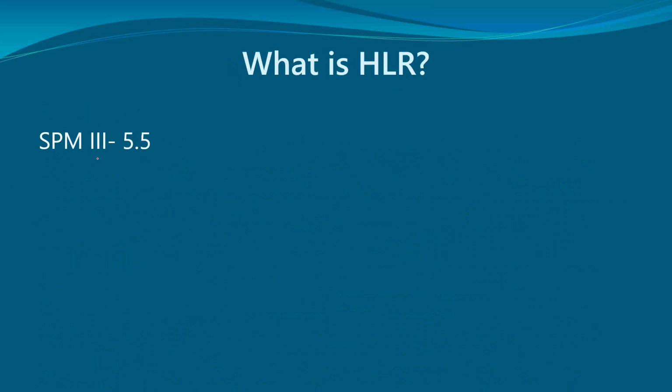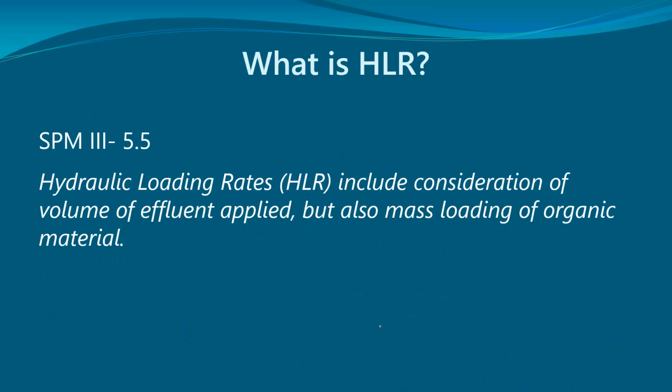So moving on, SPM Volume 3, a guideline then, says HLR includes consideration of the volume of effluent, so it goes back to that permeability issue, and mass loading. So mass loading of organic material is poo and food and so on, right? So mass loading is a measure of milligrams or some unit of mass per area.